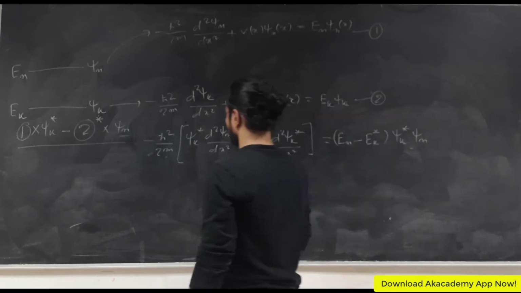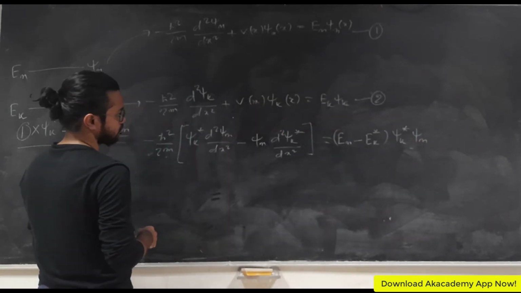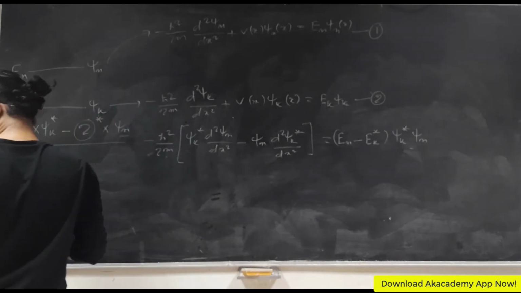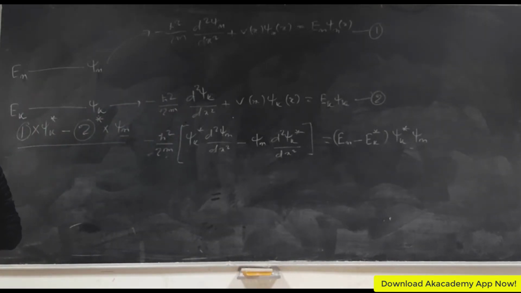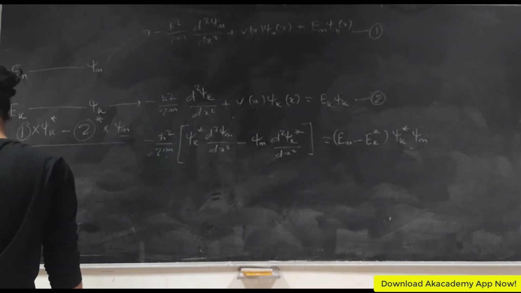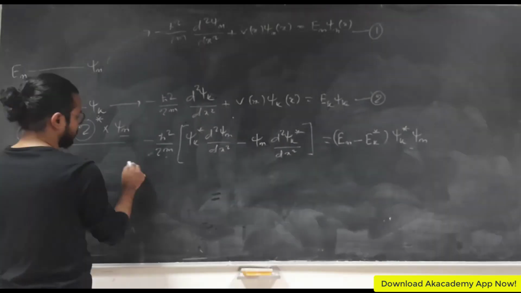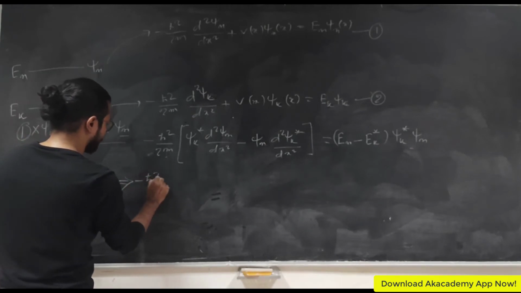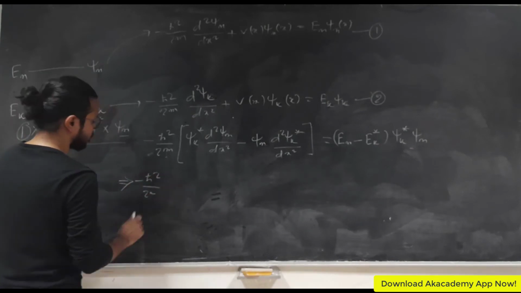Okay, so we can also write it like minus h bar squared over 2m.